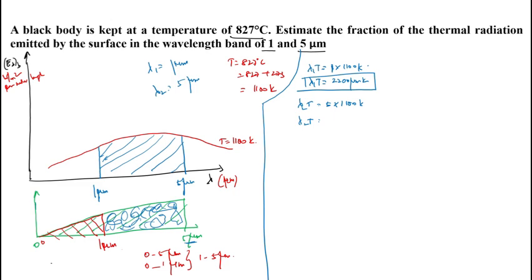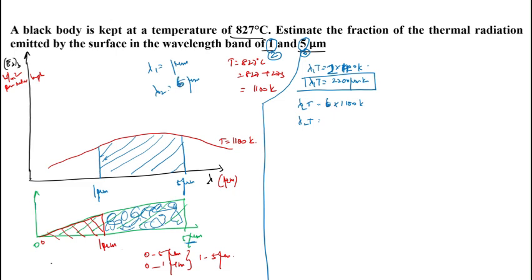Sorry, we can take this as 2 micrometer and 6 micrometer. We take 2 micrometer and 6 micrometer. So lambda 1 T is 2200 Kelvin, because 2 into 1100 is 2200. In the problem, you can consider lambda 2 as 6.